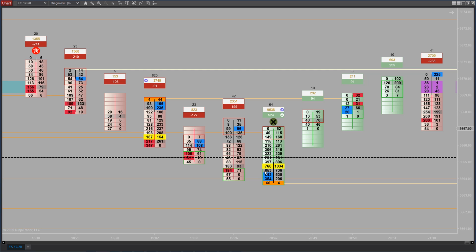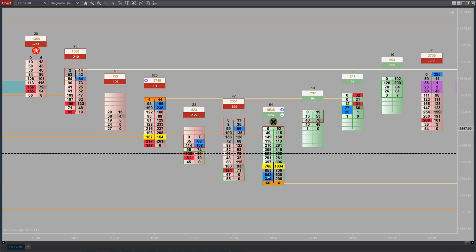Even all these big orders coming in, all these sellers coming in trying to push through this weak area got rejected. They got trapped. The market bounced off an existing level it was already weak from.